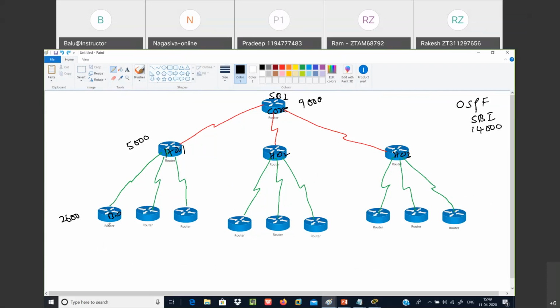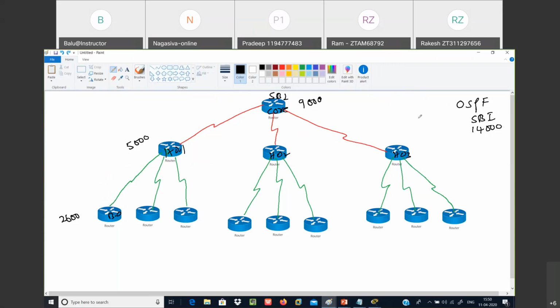So the branch routers send an update to the head office router: hello head office router, my routing table is too big, we are running out of memory. It keeps sending updates every time. So many updates come to the head office router, the head office updates the core router, and the algorithm keeps repeating.